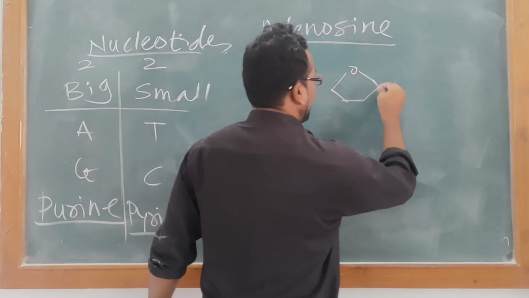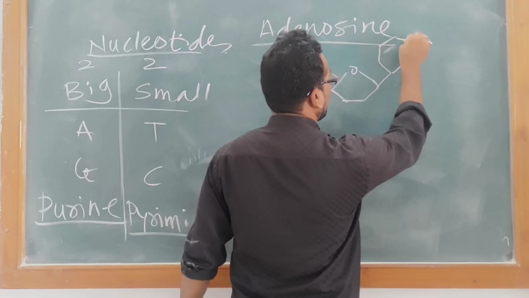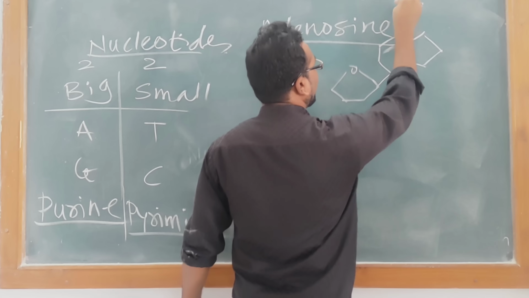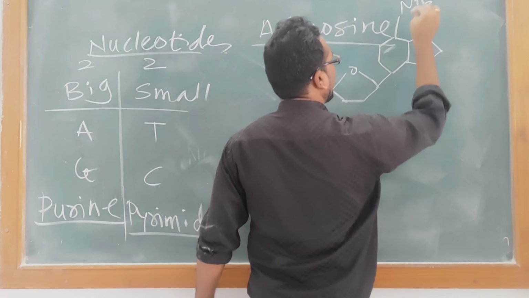At carbon number 1, I should show the nitrogen base. This is the adenosine structure. In this structure, if you want to differentiate it from the guanosine, means what?